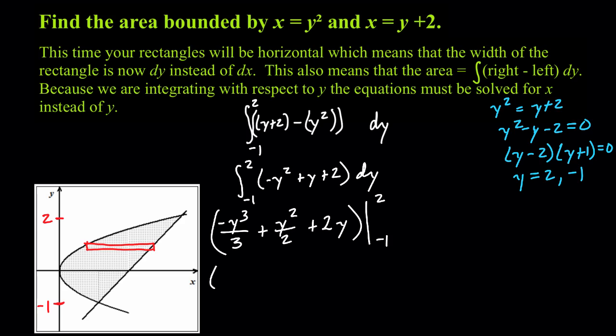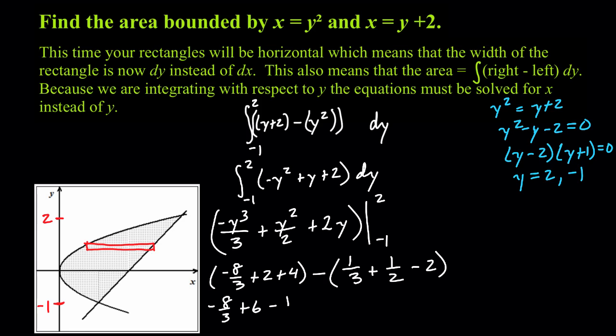Plugging in the 2, you're going to get negative 8/3 plus 2 plus 4, minus, and then plug in negative 1. You will get 1/3 plus 1/2 minus 2. Getting rid of our parentheses, we have negative 8/3 plus 6 minus 1/3 minus 1/2 plus 2.